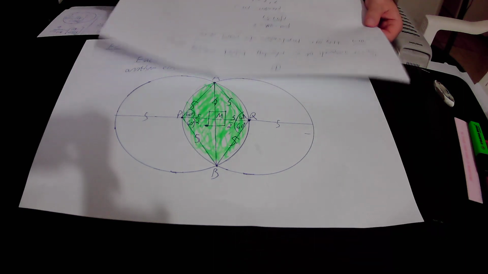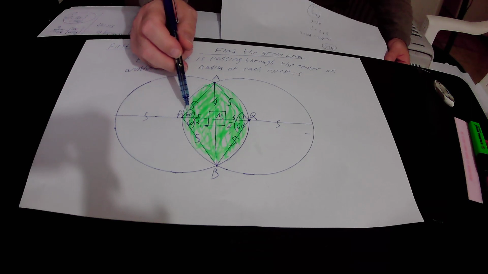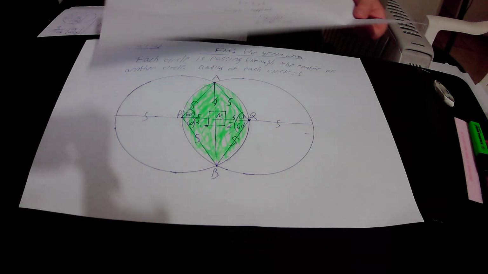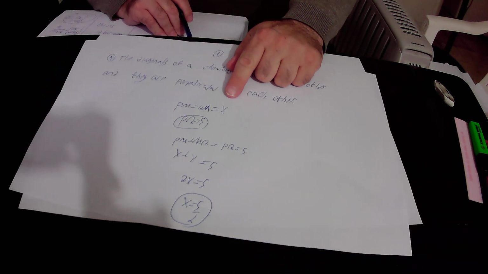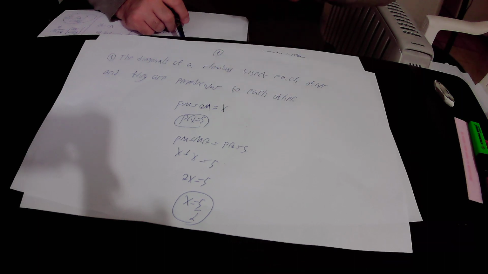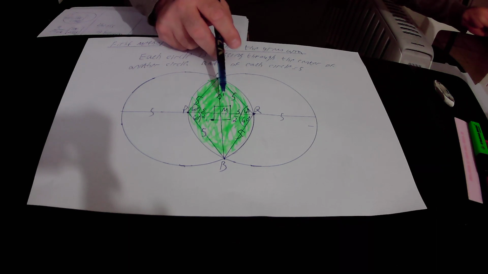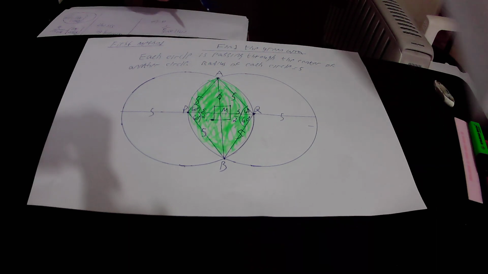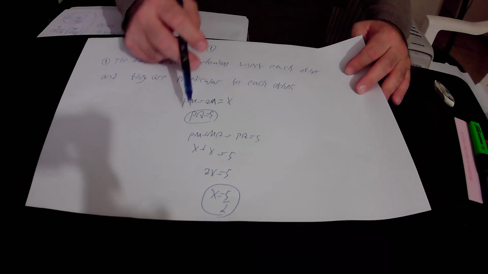And because of the fact that the diagonals bisect each other, it means that PM equals to QM. So if we define QM as X, then PM will be also equal to X, and we also know that PQ equals to 5. So PM plus MQ equals to PQ, but PQ equals to 5.